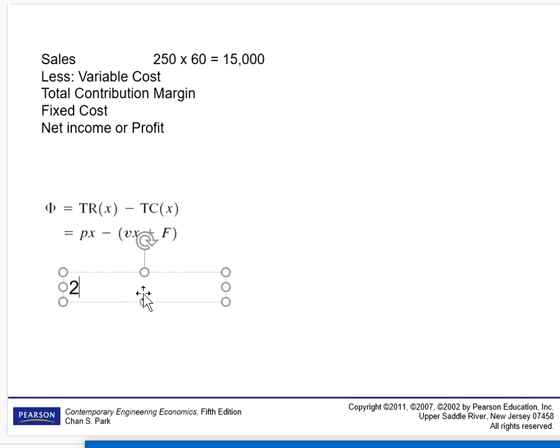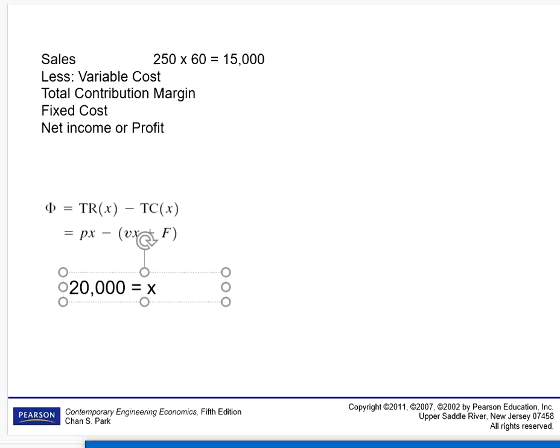so I'll say 20,000 equals P times X. We want to know first how many units we must sell in order to earn this profit. So what is X? We don't know. What is P?